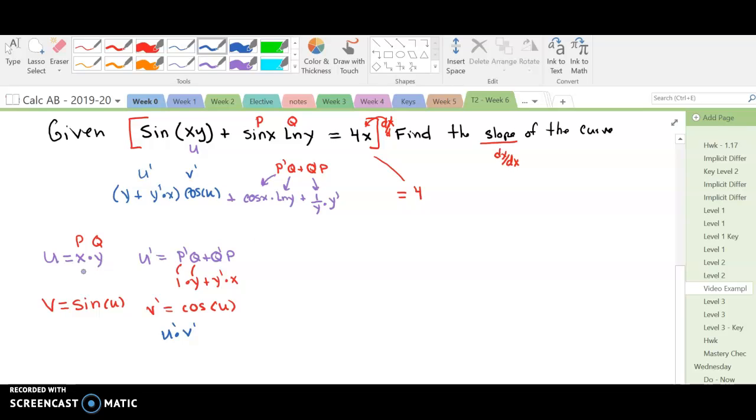But we know u was really xy, so I'll replace that. This is really cosine of xy. So now I have everything written down.